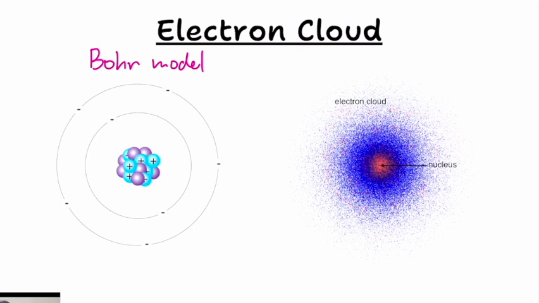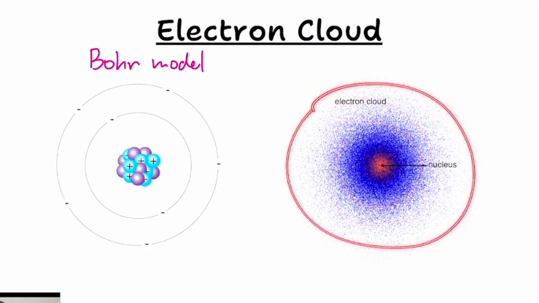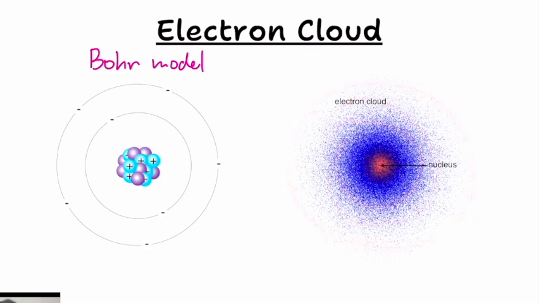So these dots represent the probability of electrons being found around the nucleus. More color around the nucleus means it's more likely for electrons to be found within this region, and out of this, it's not very likely to find the electrons. So when we refer to sharing of electrons, we're actually referring to overlap of the electron cloud.